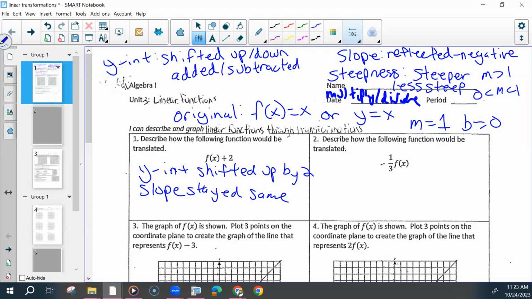Then in number 2, we are multiplying and dividing. So that would be something about the slope. There are going to be two separate things. You can write them as two separate things or one big thing and combine the sentence. There is a negative, so that means the slope was reflected.